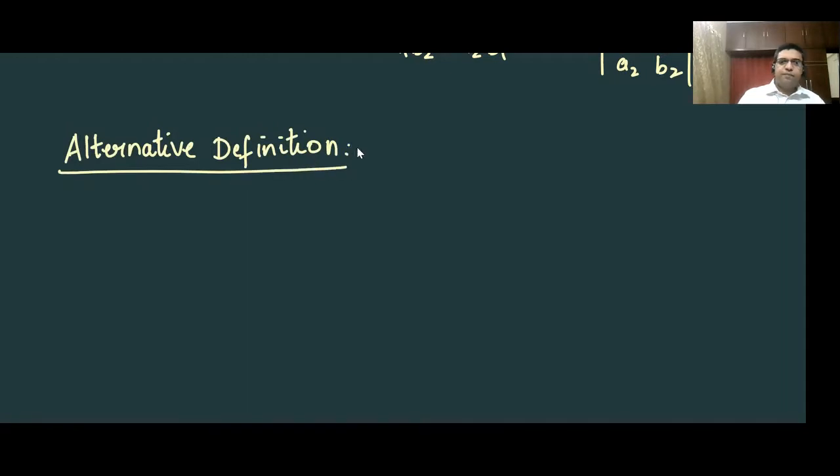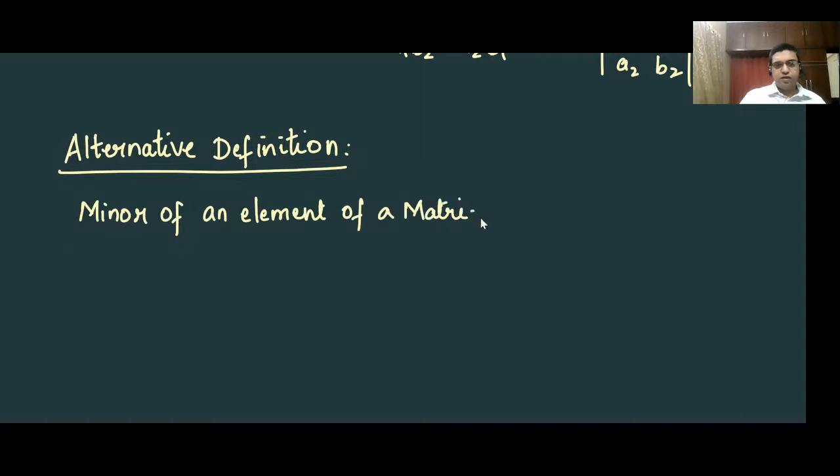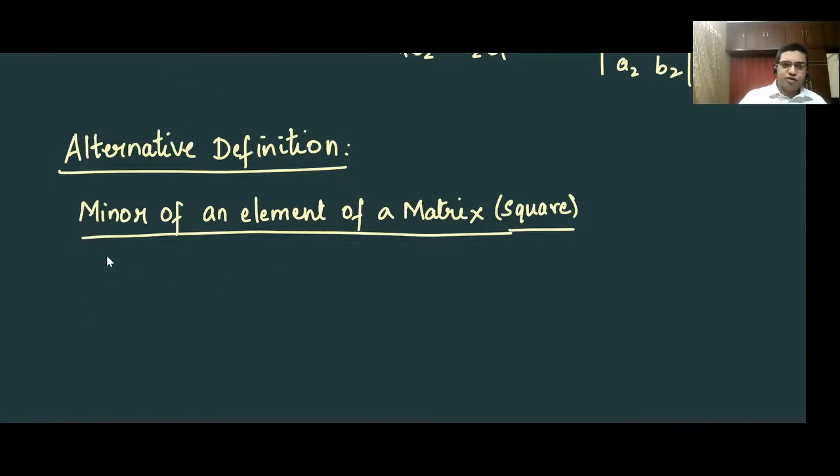For that, first we have to define what is called the minor of an element of a matrix. And this has to be a square matrix, by the way. Determinants are evaluated only for square matrices.